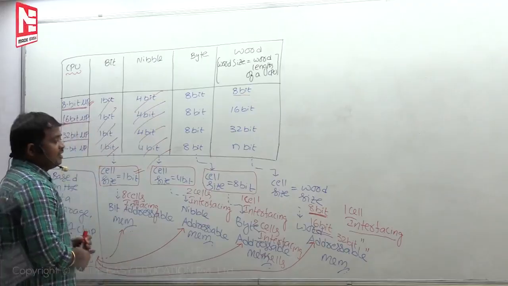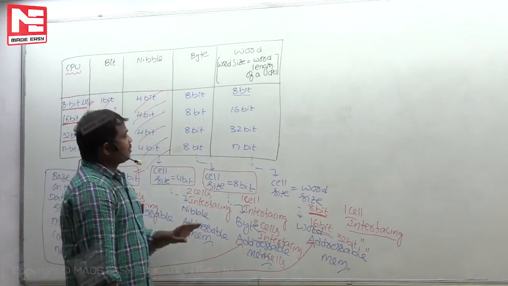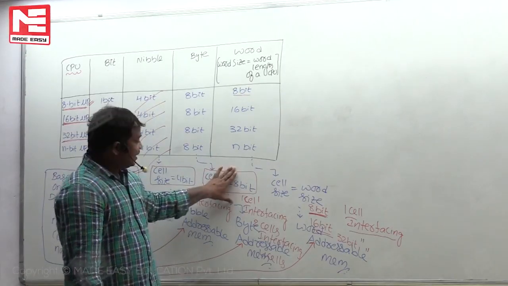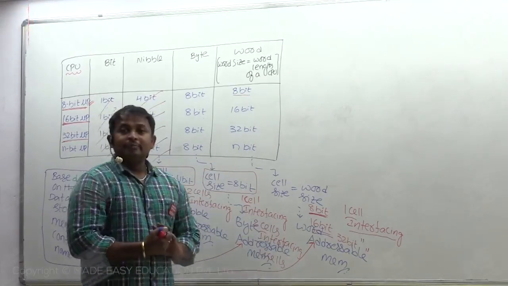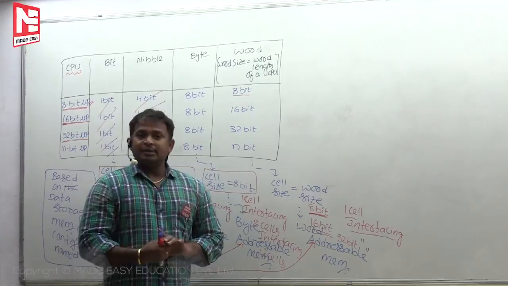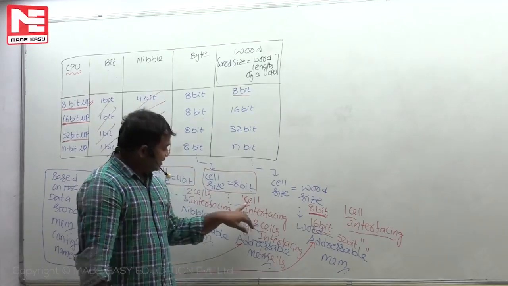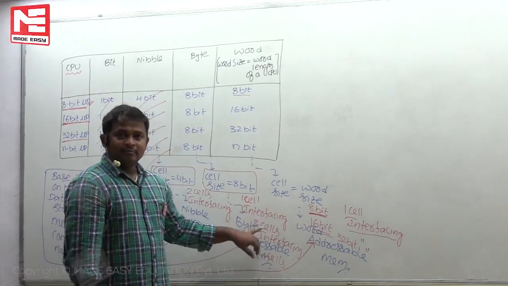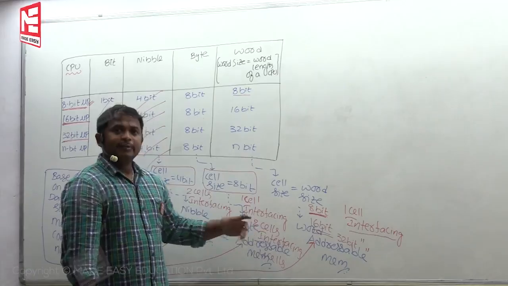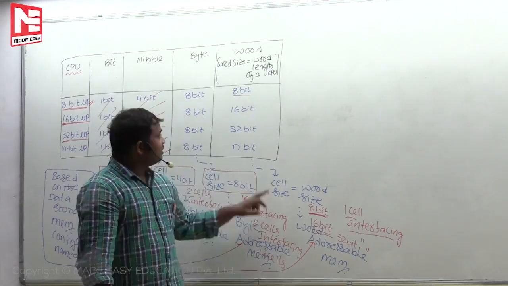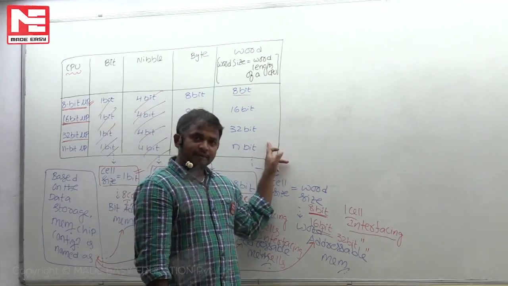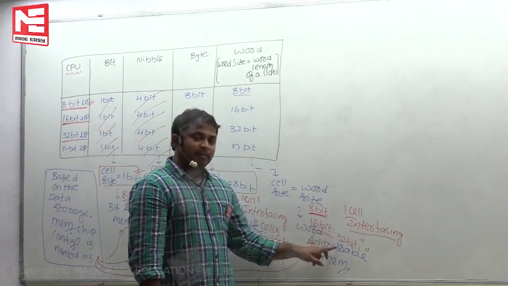When we compare these two concepts, byte addressable and word addressable: in the byte addressable, we can reuse the memory chip. By changing the interfacing, we can increase the word length of a CPU. Correct? But in the case of word addressable memory, every time we need to customize the memory cell.